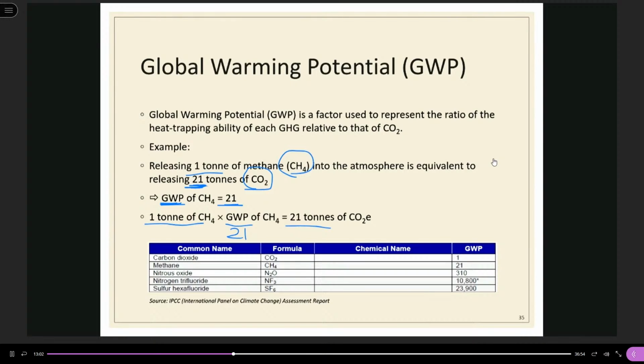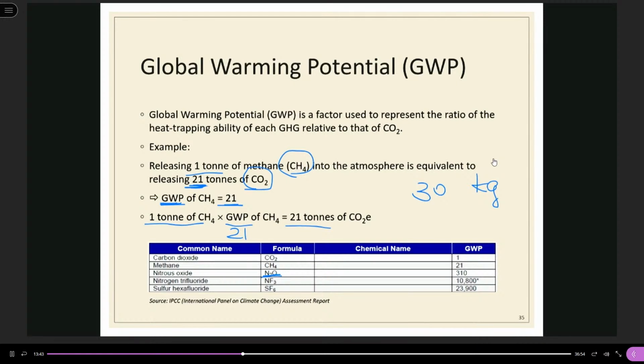To calculate the carbon dioxide equivalent, we just multiply the amount of the gas by its global warming potential. For example, nitrous oxide: I am releasing 30 kg of nitrous oxide to the atmosphere, and I want to convert it into the carbon dioxide equivalent.